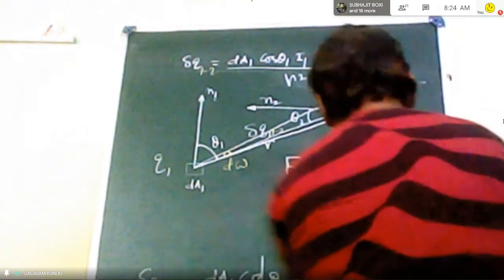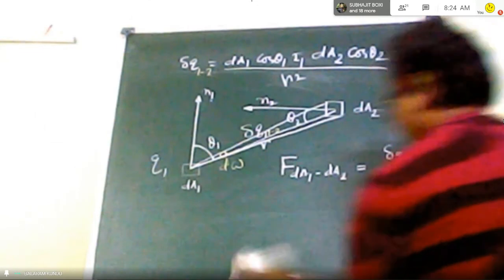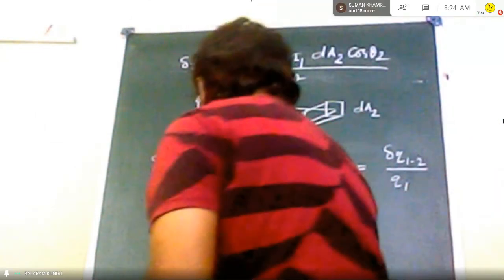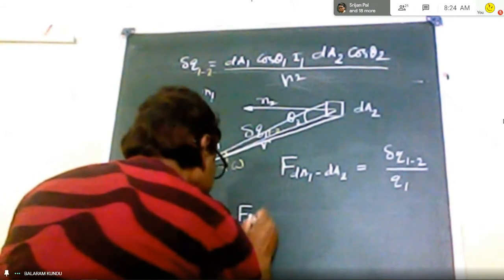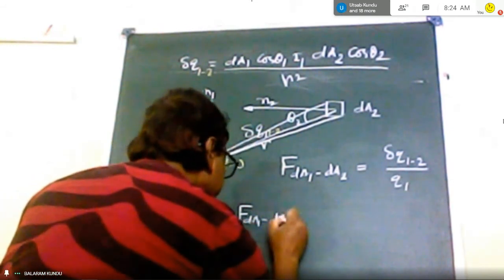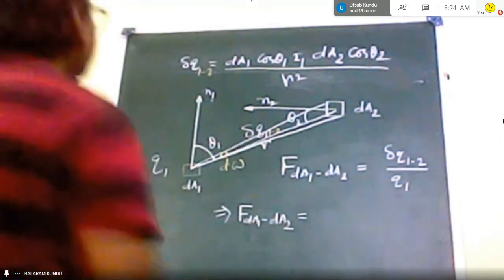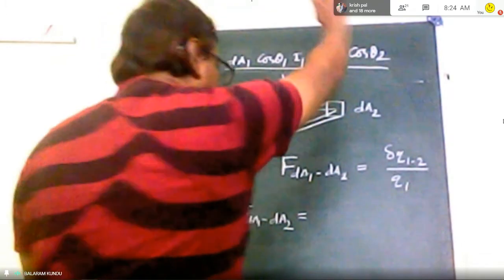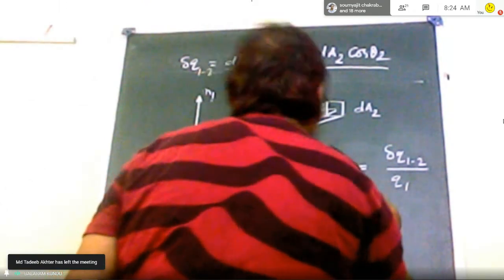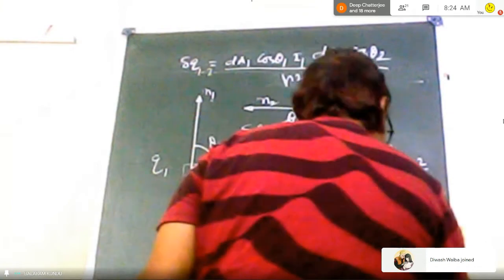The expression will be: dA1 cancels out and I1 also, then the pi term will come, therefore it will be cos theta 1 into cos of theta 2 into dA2 divided by pi R square.